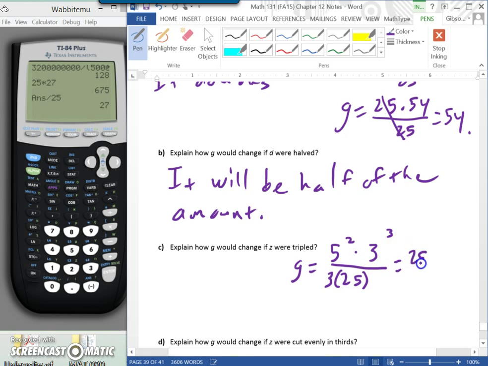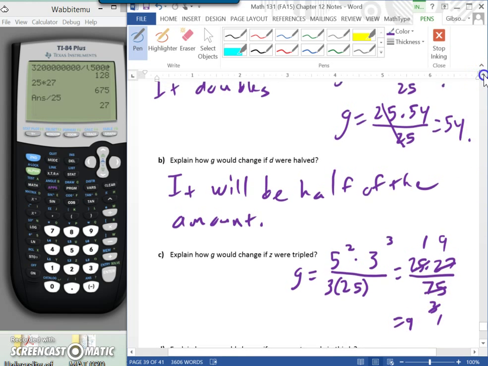So now we had 25 times 27 all over 75. Now we know 25 goes into 25 once. 25 goes into 75 3 times, right? 3 goes into 3 once. 3 goes into 27 9 times. So we know our final answer would be 9.